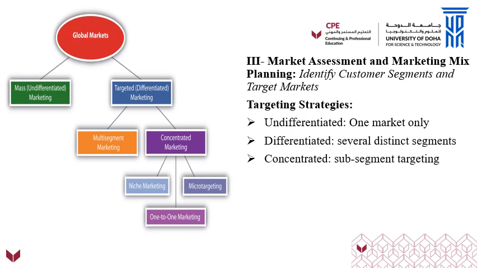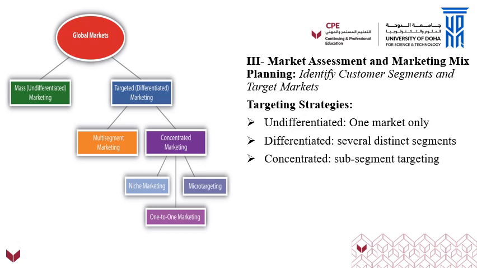The same is true if you really want to reach the third segment as well. Again, you have to make further modifications on your marketing mix and on your marketing offers to properly satisfy and adequately make those buyers in this third segment satisfied. And that's why we call it differentiated, because for each segment you will be using a different marketing strategy.